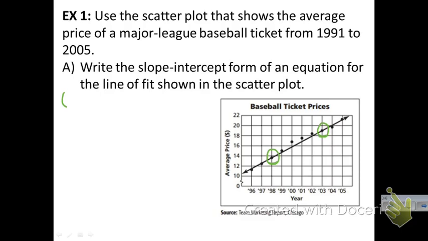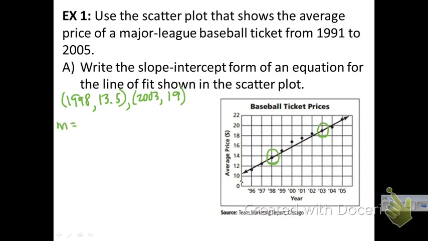So we have a point at 1998 and about, I'd say, 13.5. And then our other point is located at 2003 and 19. From here we're going to find slope.